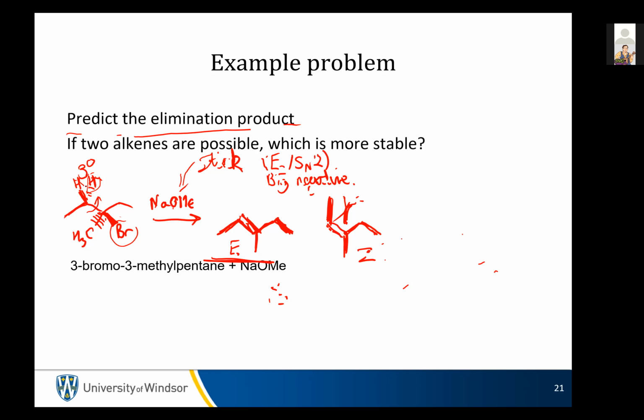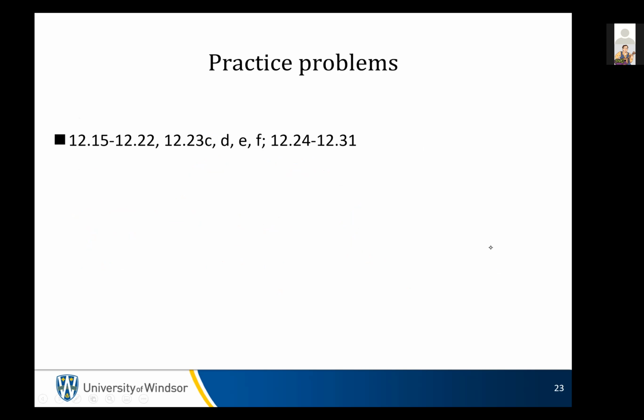And when I do that, this hydrogen here will be at the back, and this one will be at the front, and I will eliminate this hydrogen with the bromine to get the Z. Okay. So sticks and balls.